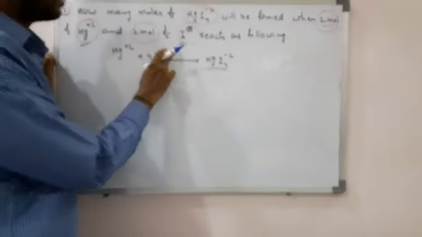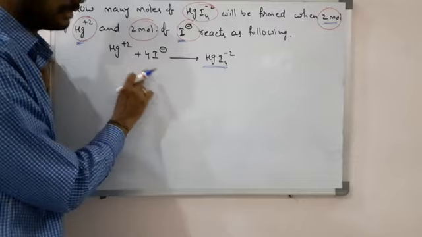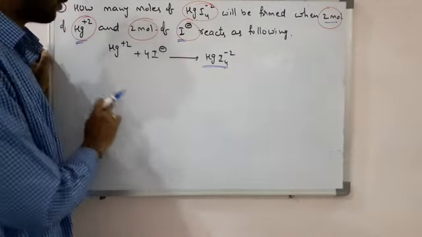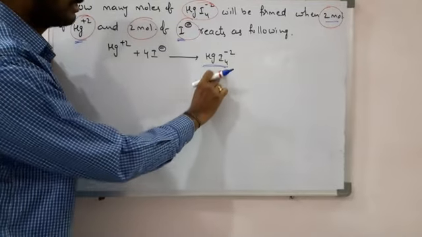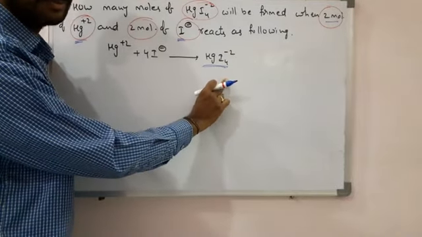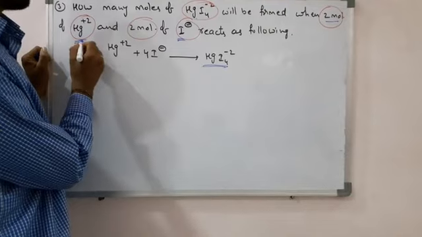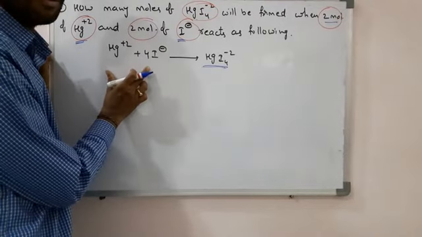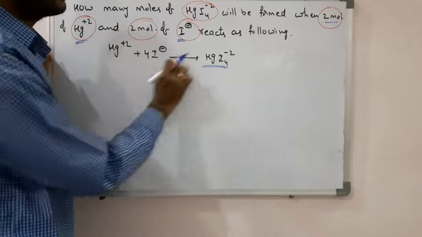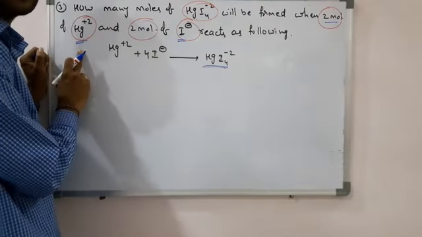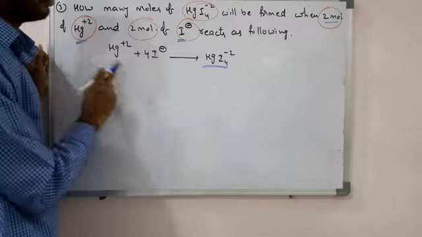If only one reactant's information is given, it is very easy to compare that given compound with the product value. But here the information about two reactants is given, that is 2 moles of I minus and 2 moles of Hg plus 2. So this will be solved only by taking the balanced equation.